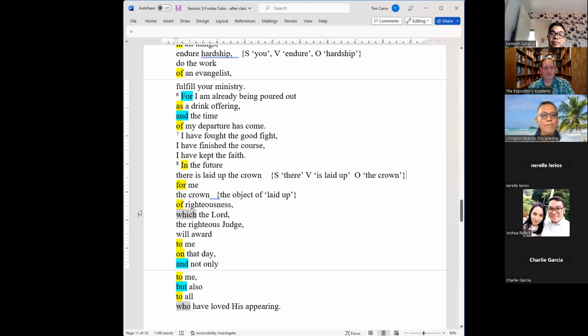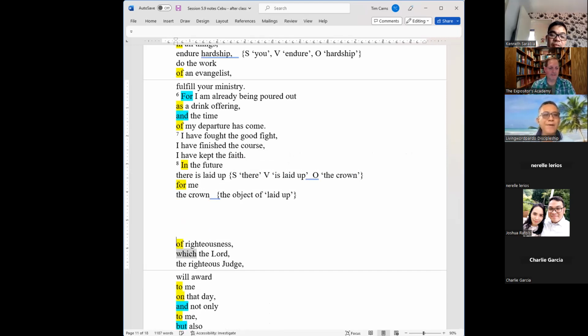You guys see that? But in this case, they put for me in between the verb and the object. Why do they do that? Well, think about this.